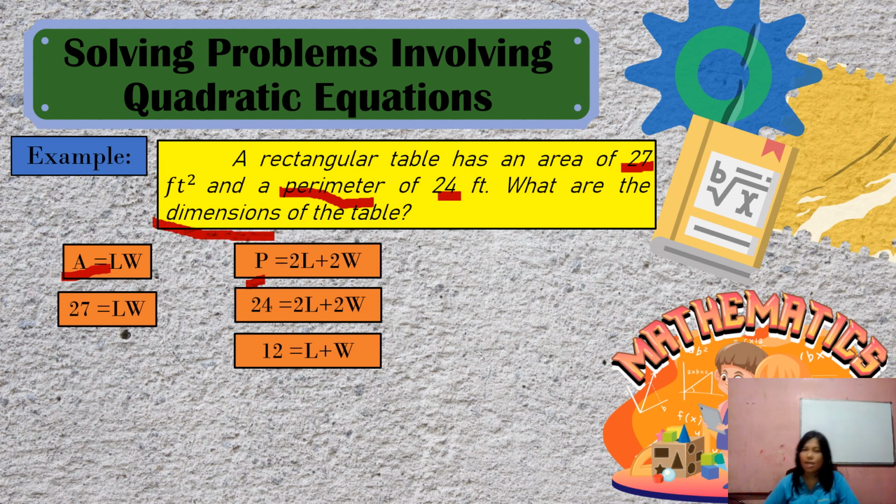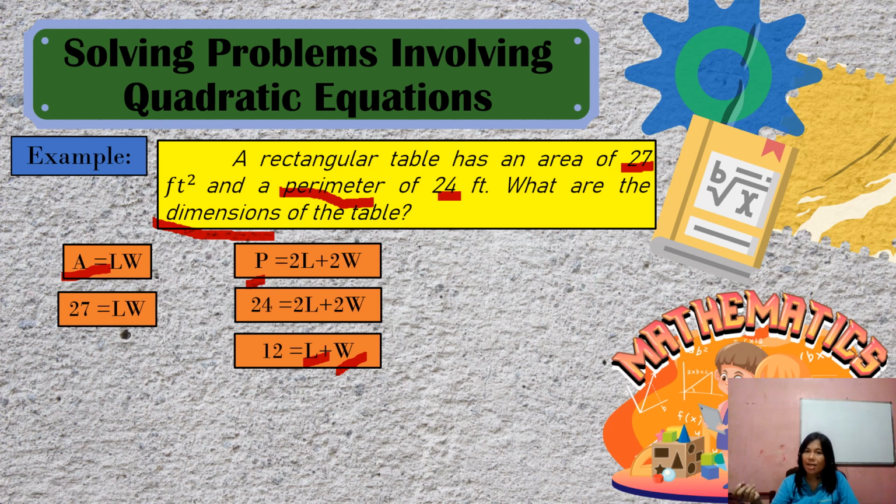Hindi specific na what is the length or what is the width, hindi naman sinabi. So, pwede tayo kahit saan. Pwedeng L muna, L yung iwan natin, tapos si W yung isolve, o pwedeng W muna, tapos L na lang mamaya.